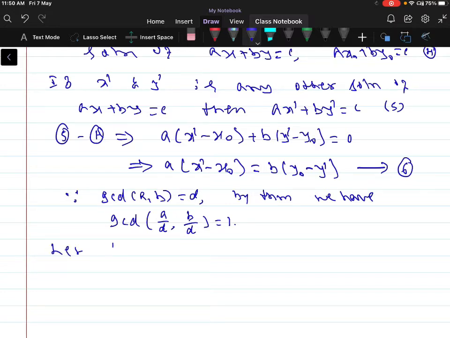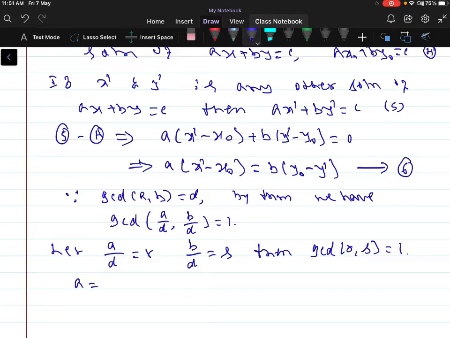Let a by d be r and b by d be s, then GCD of r comma s is equal to 1. So from this, a is equal to d into r and b is equal to d into s. Let us call this equation number 7.